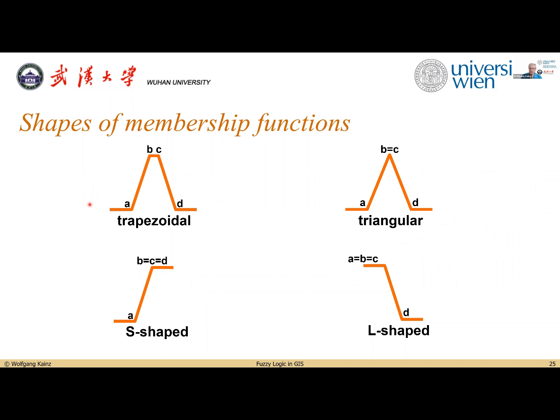It's also called a trapezoidal membership function because it resembles a trapezoid, as you can see here. And it basically is used for modeling classes that have increasing membership degrees between 2 parameters a and b.